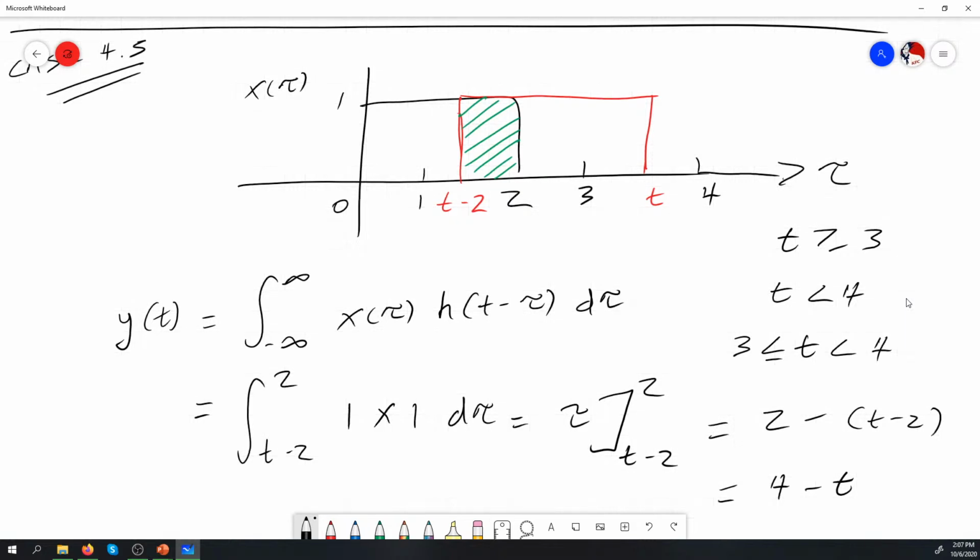Alright, so are there any questions regarding this first worked example convolution in particular? If there's anything that I need to clear up at this point in time.